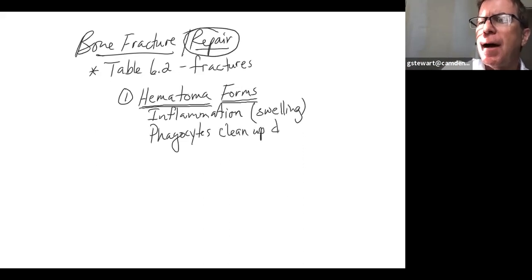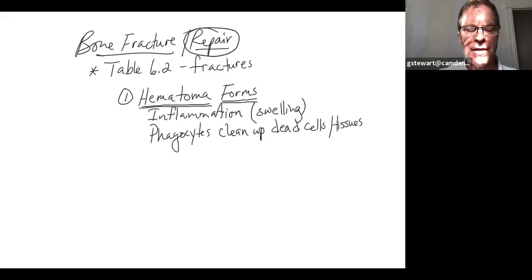So cells die, both bone cells and blood cells. This is the initial trauma stage. This may last for hours, days, even depending on the severity of the fracture, maybe even longer than days.